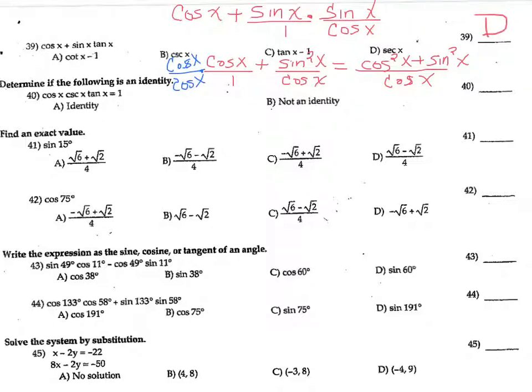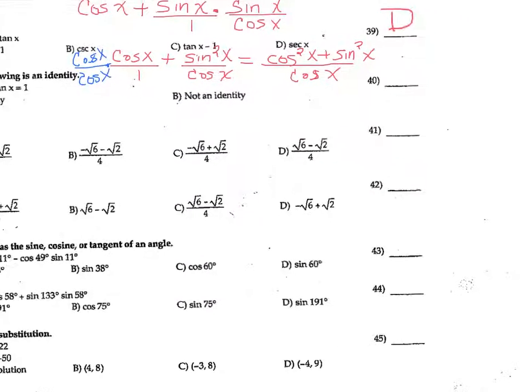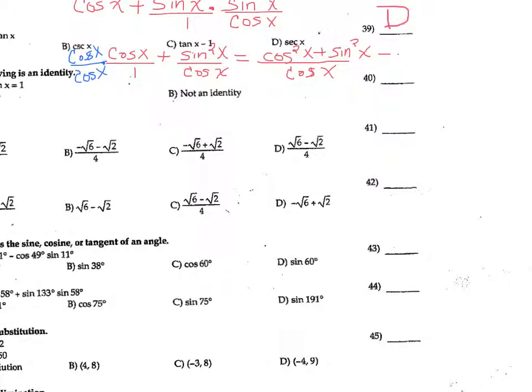Cosine square of x plus sine square of x, what is it? That is 1. So when you rewrite, that's going to be 1 over cosine of x. And 1 over cosine of x, what is that equal to? Secant. And that's what letter D is.